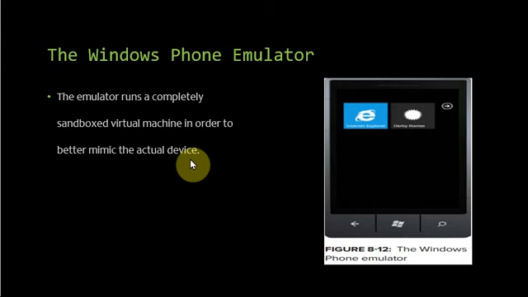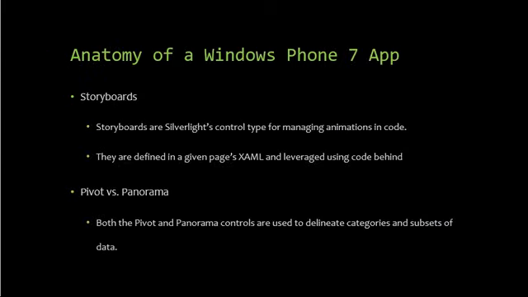All those are there in your emulator. Then, when you're testing, even a screenshot can be taken, while testing as well as developing the application. So this is all about the anatomy of a Windows 7 app.